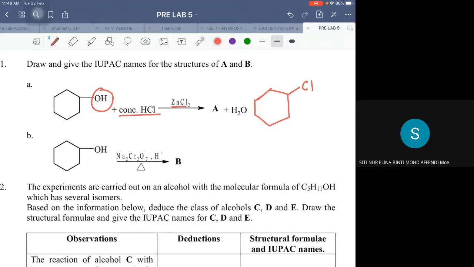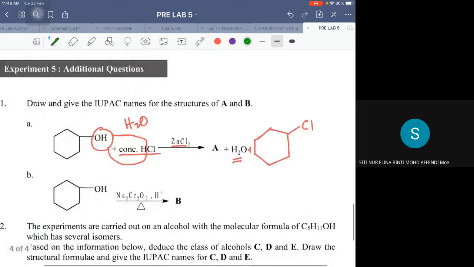OH yang keluar ni pergi bergabung dengan H ni. So dia akan jadi H2O. So sebab tu produk tu you dapat A tambah dengan H2O. So ini kita panggil dia apa ni? Haloalkene. Haloalkene adalah alkene yang ada halogen.